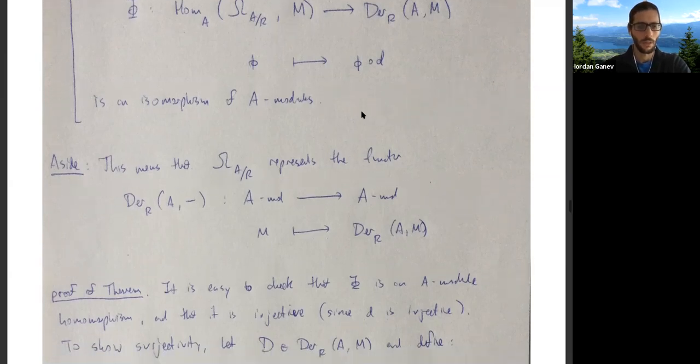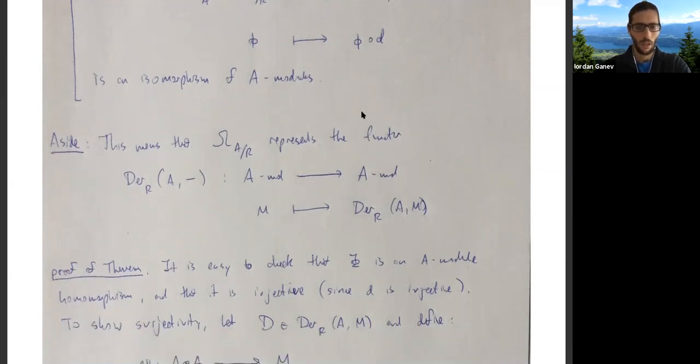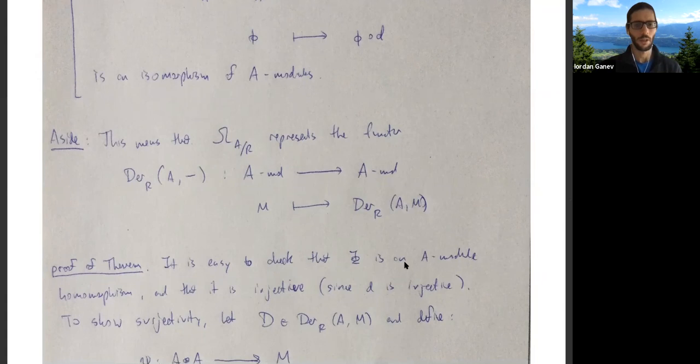And it's injective because D is injective. That's something maybe to argue, but it's easy to see from the definitions. So the only mildly tricky thing is to show that it's surjective.